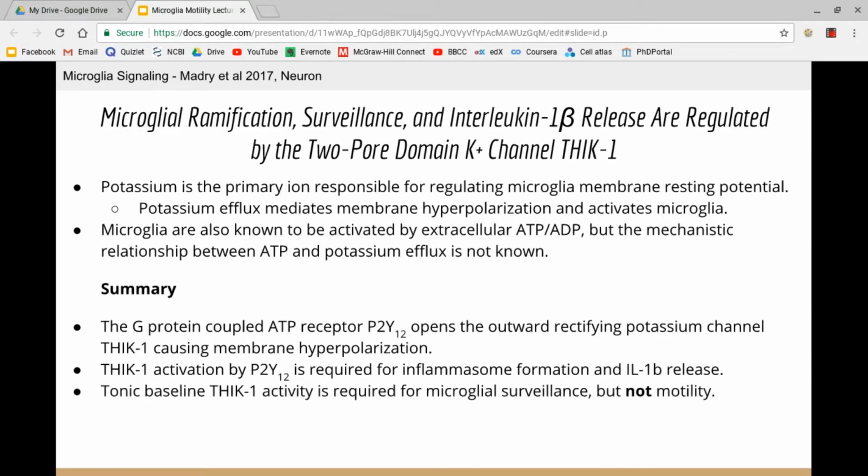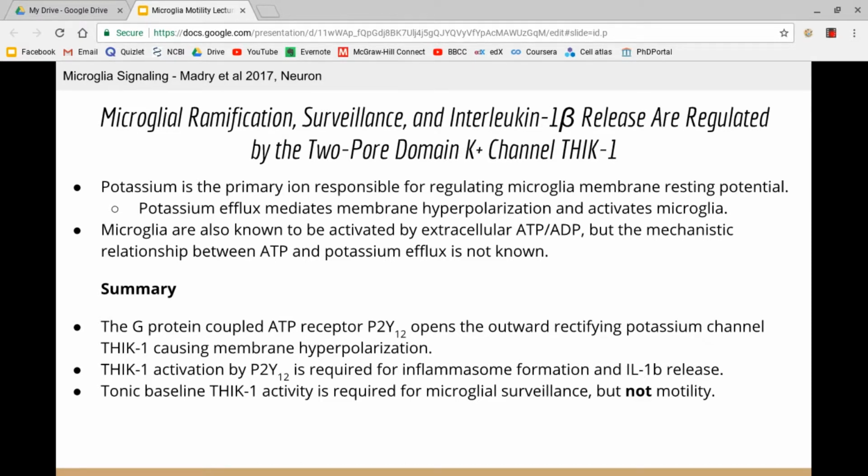However, this paper also discovers that tonic baseline THIK1 activity is required for microglial surveillance, but not motility. This might be a little bit confusing. Low levels of THIK1 potassium efflux occur constantly. It's this tonic, low-level activity of THIK1 that is required for proper microglial surveillance and the ramified phenotype.